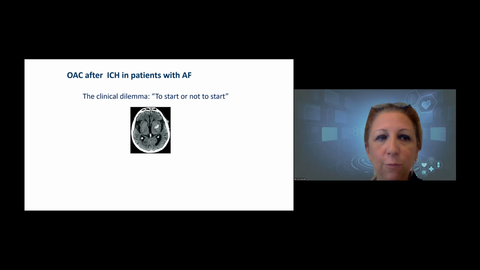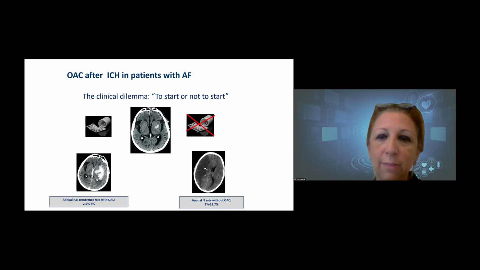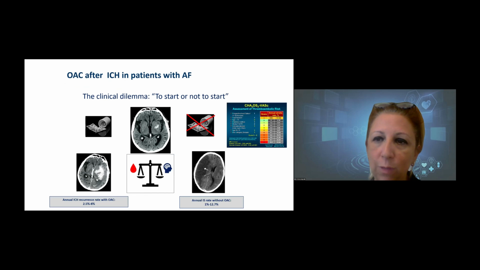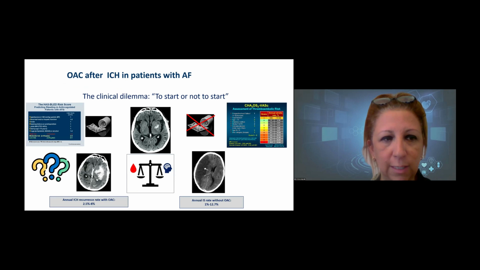On the one hand, if we do start, there is the risk of ICH recurrence. On the other hand, if we do not start, there is the risk of a cardioembolic stroke, the most devastating type of ischemic stroke. And although the CHA2DS2-VASc score can help us with risk stratification for thromboembolism, the HAS-BLED score has limited predictive value in the setting of intracerebral hemorrhage.